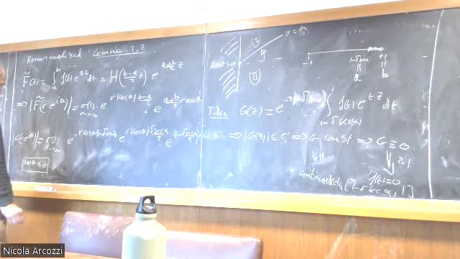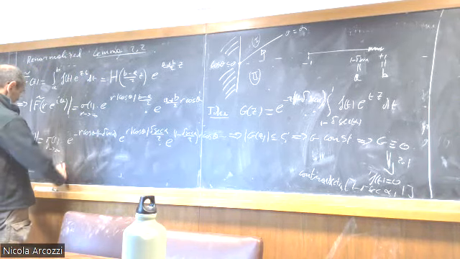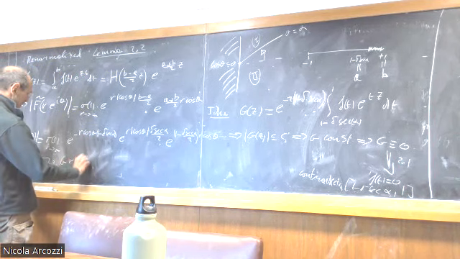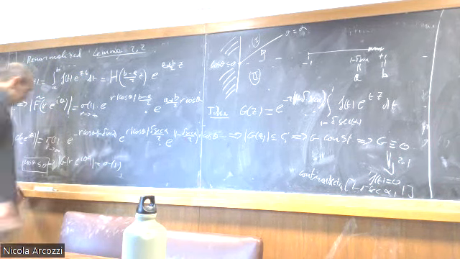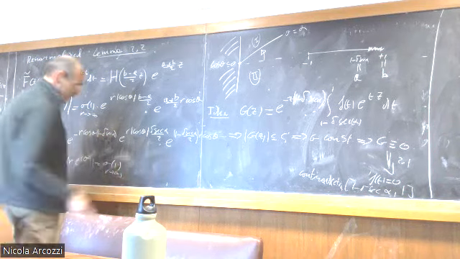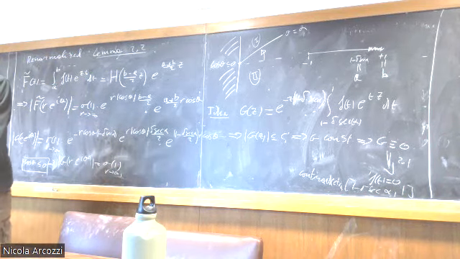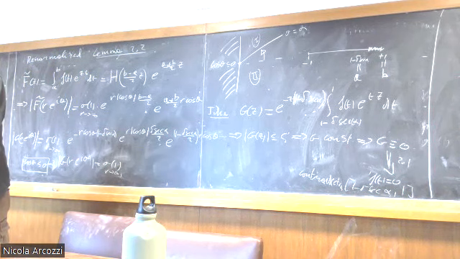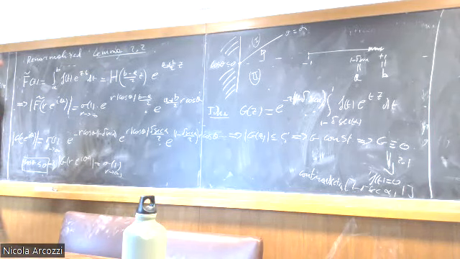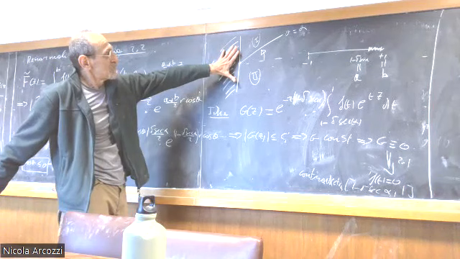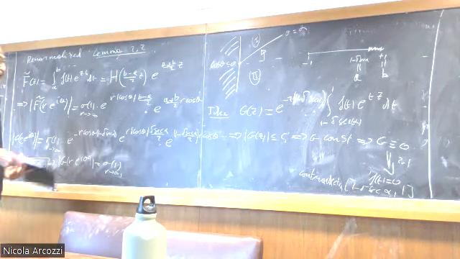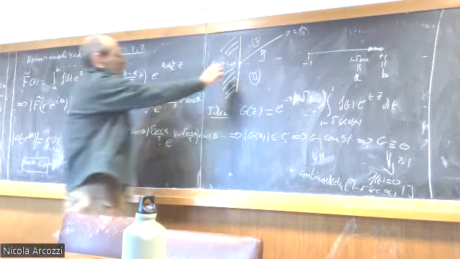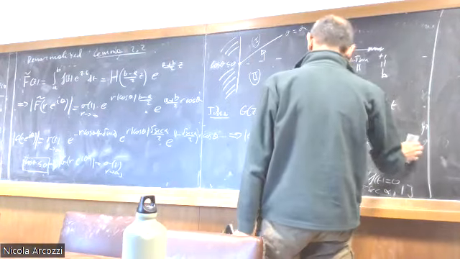So you get G of r e to the i theta is of order 1 over r, uniform for theta. So we have that here the function is not only bounded, but it even goes to 0. If you go on theta equal to alpha, here, let me calculate it.